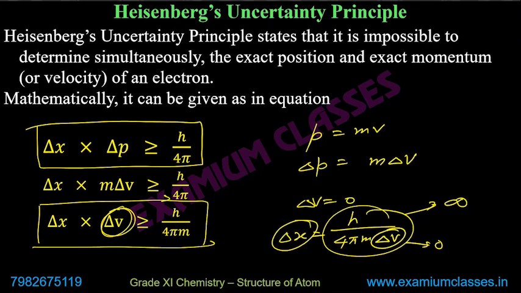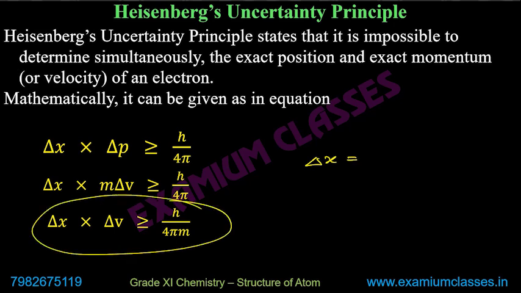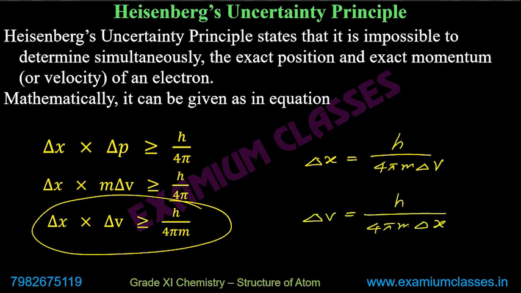So what I mean to say is that delta x is written as h by 4 pi m delta v, or delta v is written as h by 4 pi m delta x. If you want to reduce any of these, suppose you want to make delta x 0.0001, then delta v will be too high.